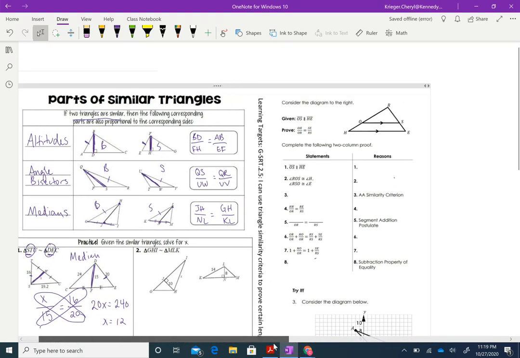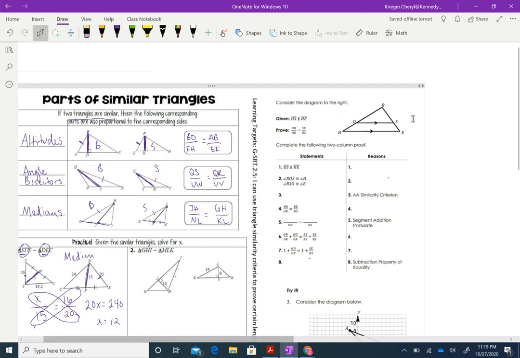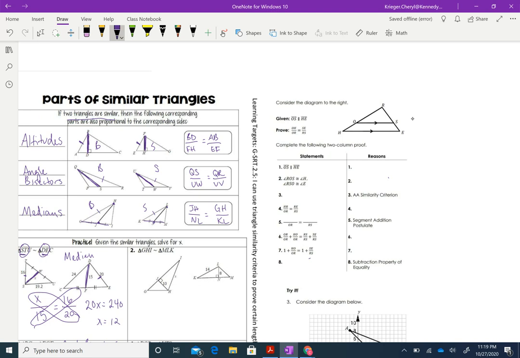So this is a proof having to do with similar triangles. It's actually a triangle within a triangle. So we have triangle ORS inside of HRE. And we're trying to prove, knowing that the triangles are similar, that parts are proportional.